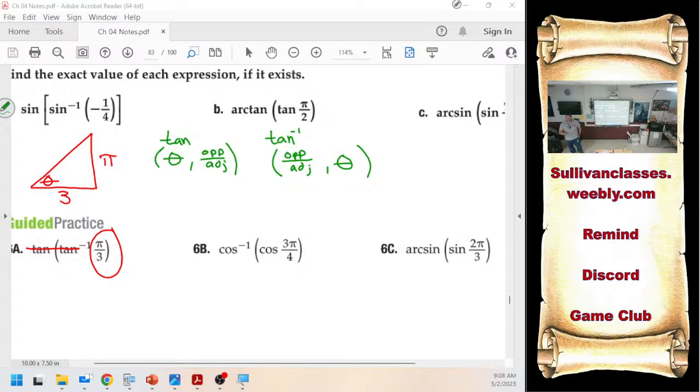It has nothing to do with the angle pi over 3. If I ask what angle has a tangent of pi over 3, it's going to spit out this. Now what's the tangent of this? Opposite over adjacent.